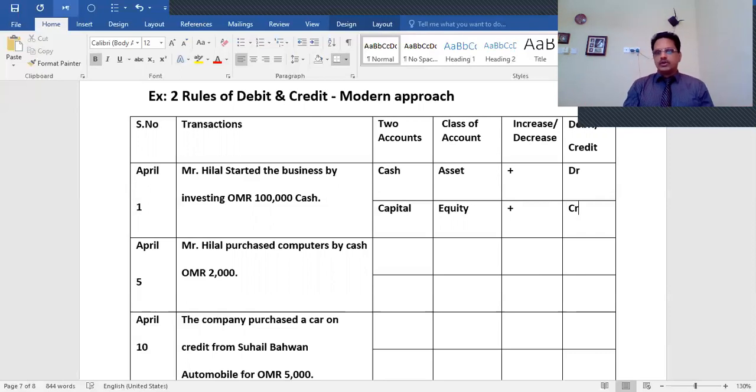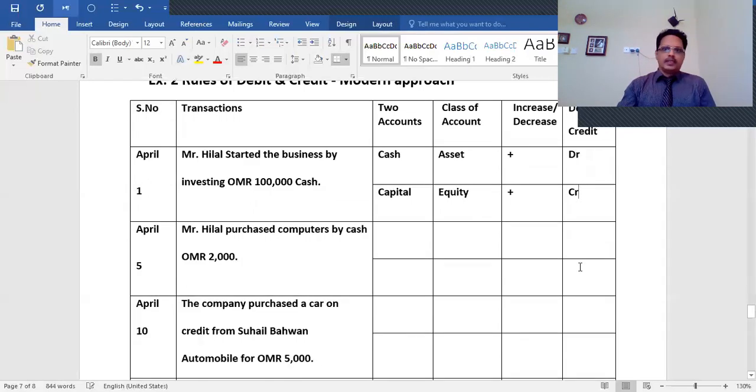That is equity. So equity increase means credit.